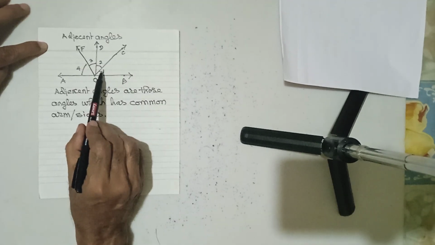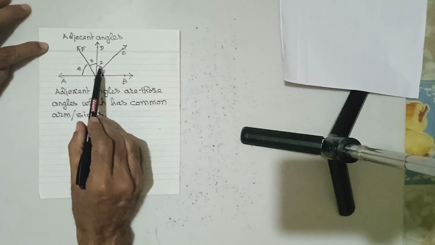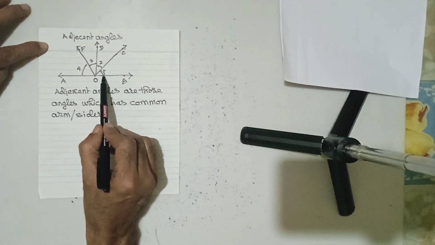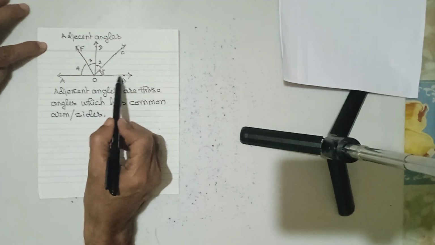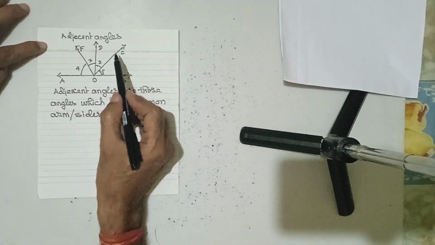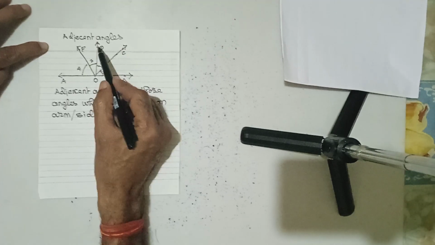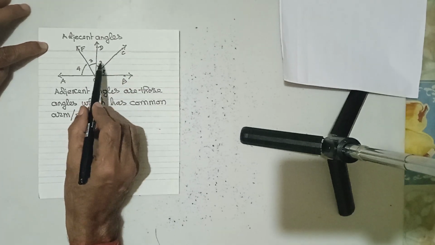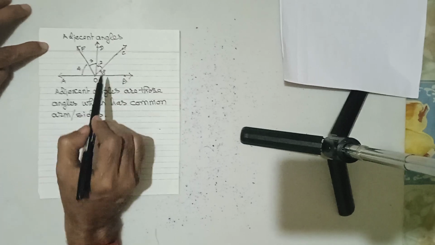Now here look at angle 1 and 2. Angle 1 is formed by lines OB and OC, and angle 2 is formed by OC and OD. So angle 1 and angle 2 have the common arm OC.